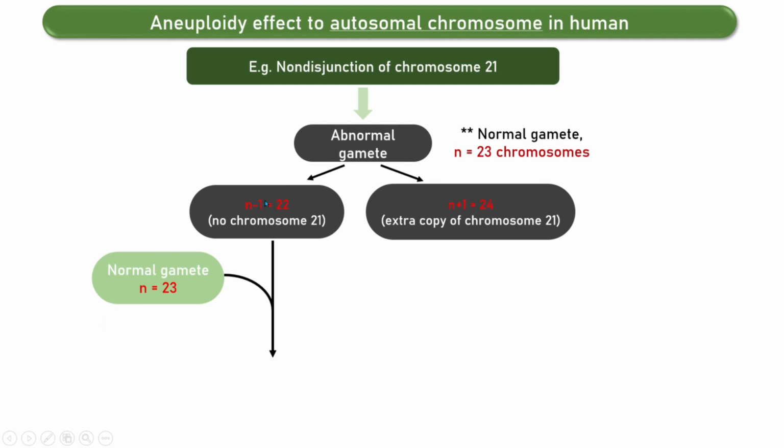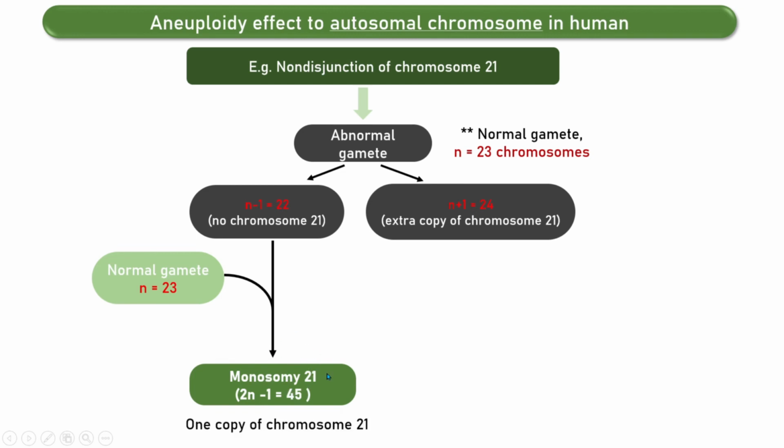If abnormal gamete n-1 with no chromosome 21 is fertilized by normal gamete n, it will produce an individual known as monosomy 21. This individual has only one copy of chromosome 21 in a diploid cell instead of two, so the number of chromosomes in monosomy 21 is 45 instead of 46.